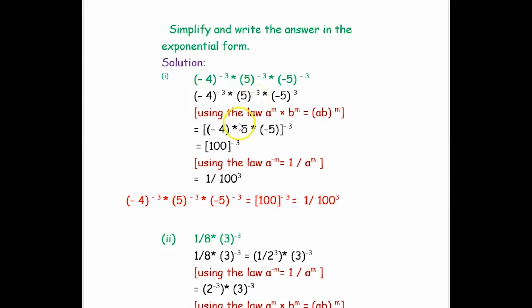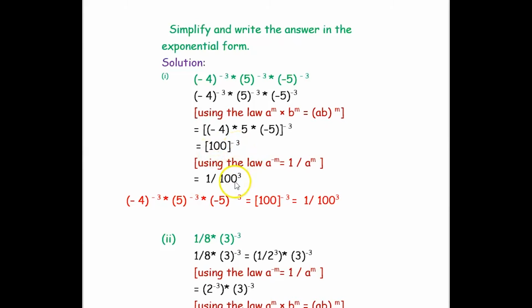-3. Now -20 into -5: negative becomes positive, and 20 into 5 is 100. So 100 raised to the power of -3. Now it's in the negative power, so we are going to convert it into positive power by using the law a^-m equals 1 divided by a^m. Here a is 100 and the power m is 3.